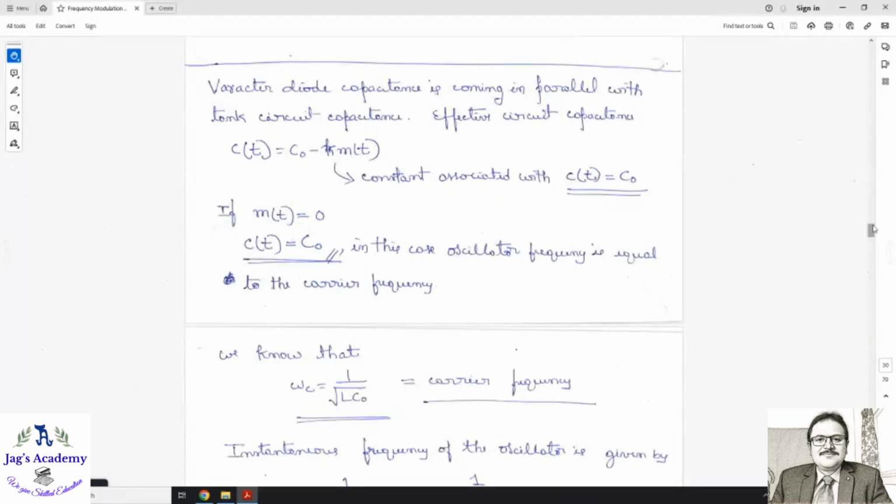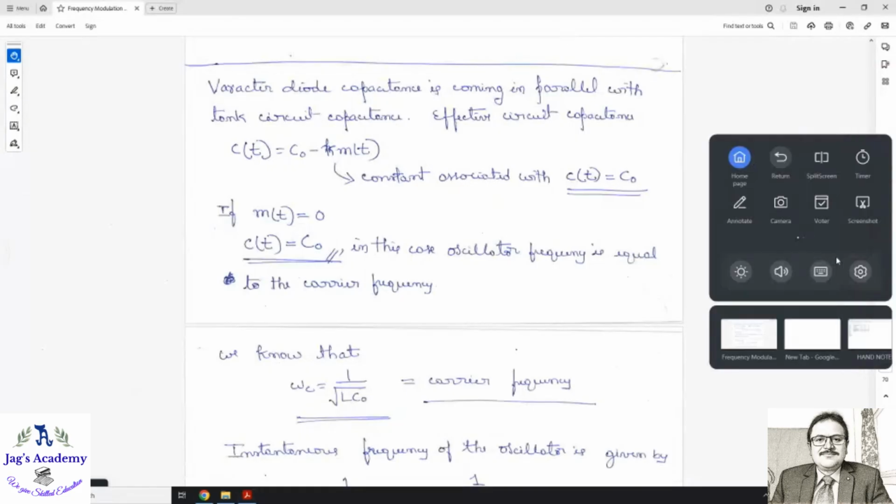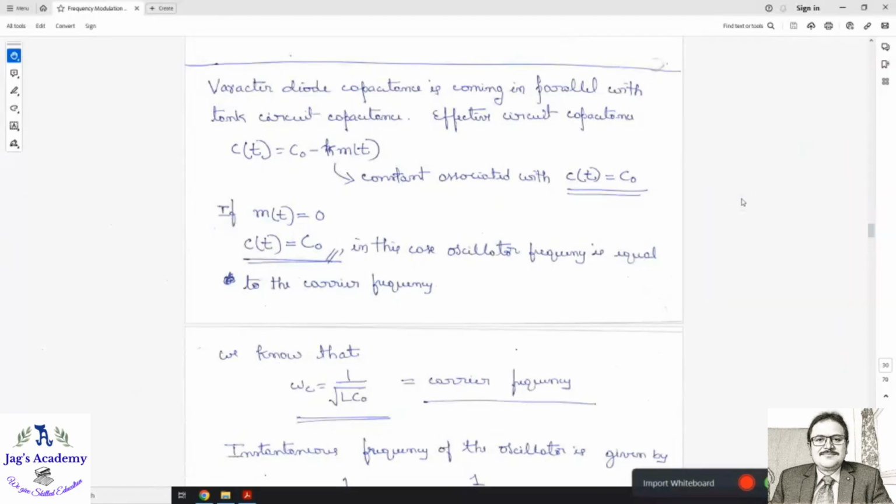Your tank circuit, listen carefully. If you understand, you will be able to understand forever. See here, first you make your tank circuit, and the values of C and L are designed in such a way that it will generate a carrier wave of frequency, say Fc Hertz, high frequency.